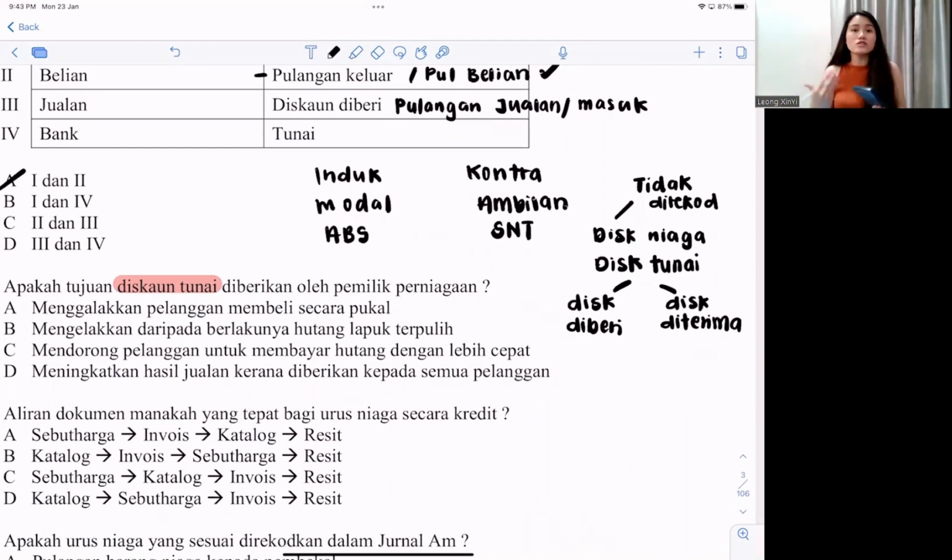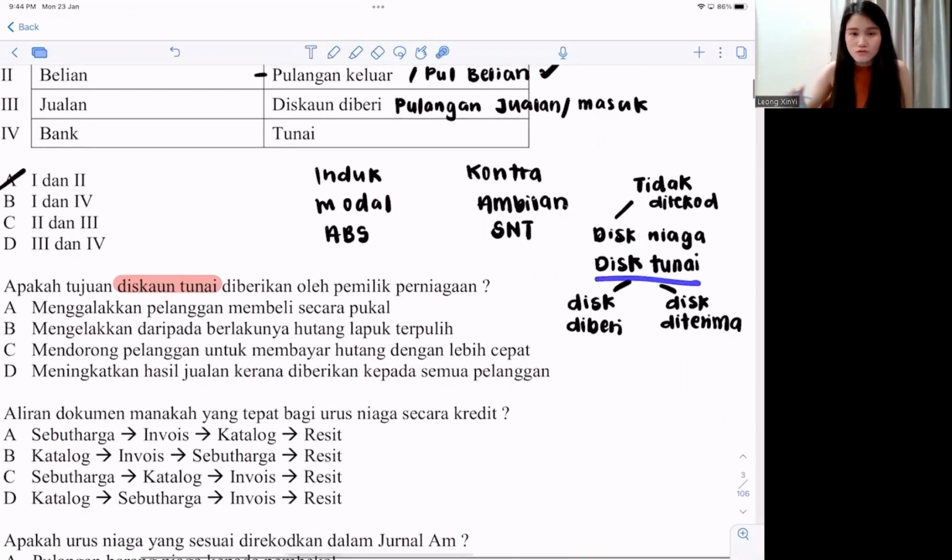Then this person keep negotiate with me until I say, okay lah, fine, I sell you for 3 ringgit. So the person will pass me 3 ringgit lor. But 5 ringgit, was it in the record? No, it wasn't. Okay, because from the first place I didn't say I sell to him for 5 ringgit. I am writing this in my receipt that I'm selling to him at 3 ringgit. So that's the discount niaga.